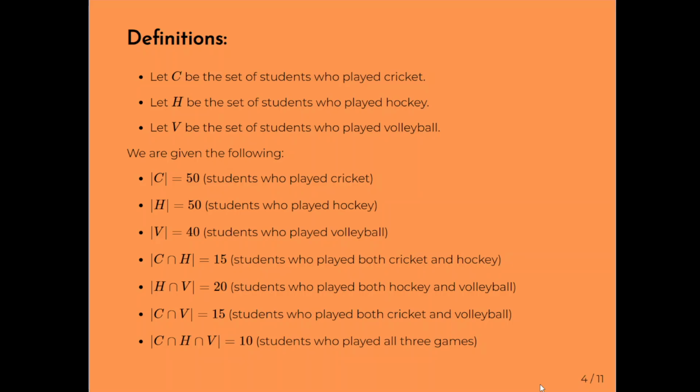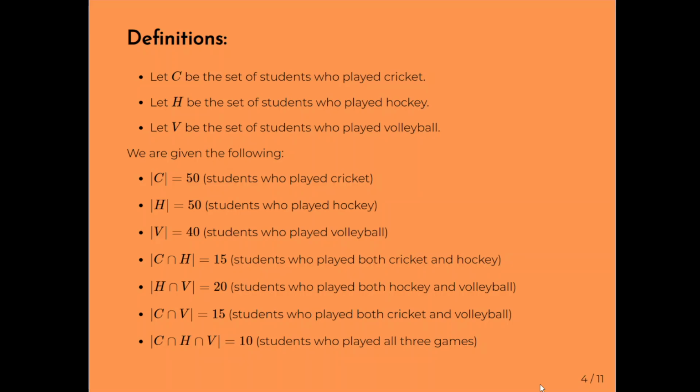Cardinality of V is 40. The cardinality of C intersection H is 15. Cardinality of H intersection V is 20. The cardinality of C intersection V is 15. And finally, the cardinality of C intersection H intersection V is 10. That's the students who play all three sports.